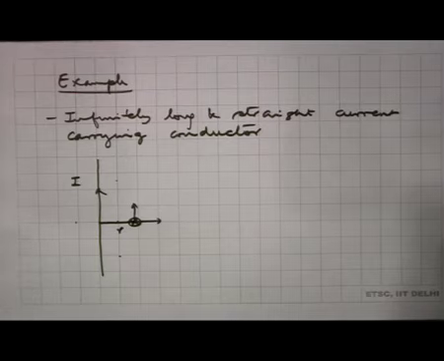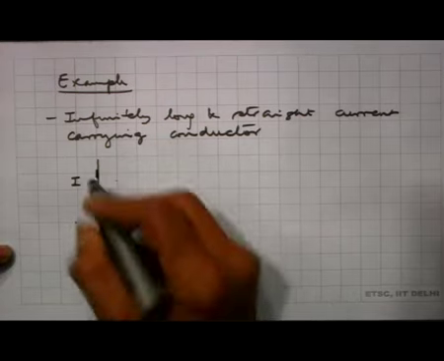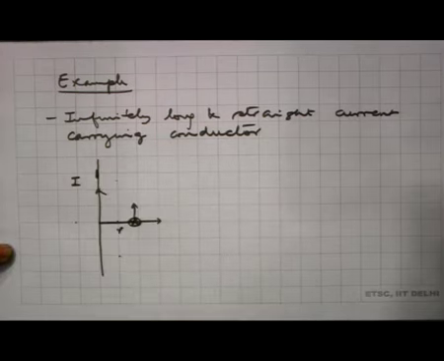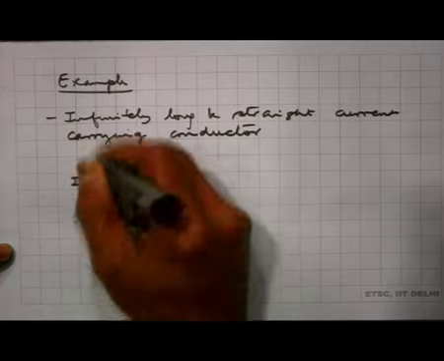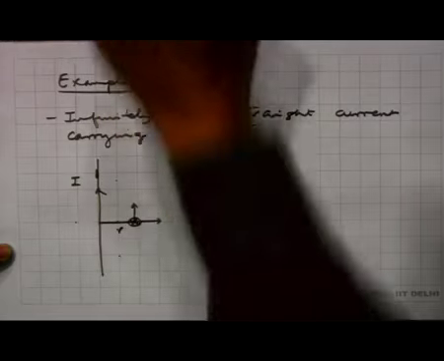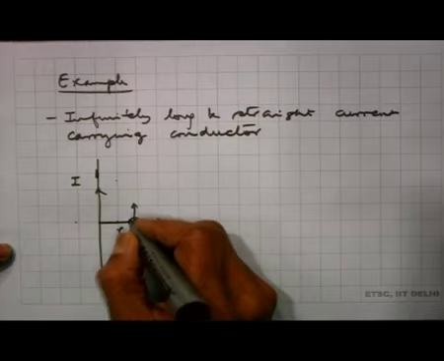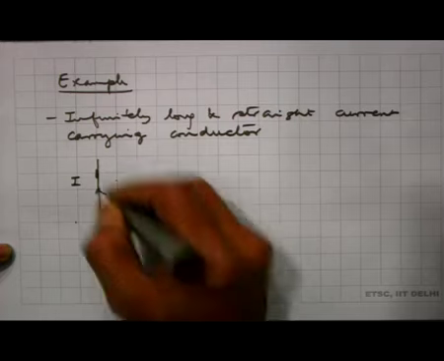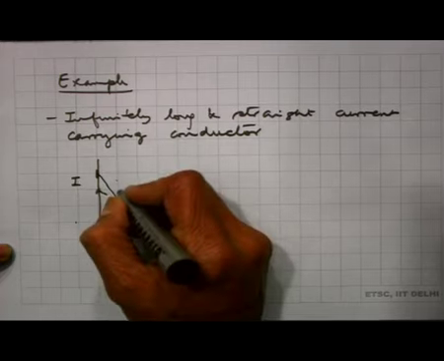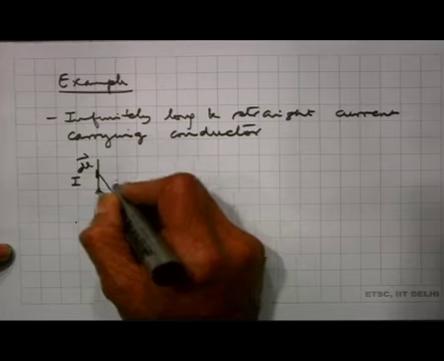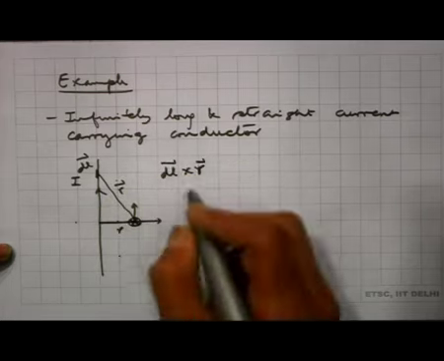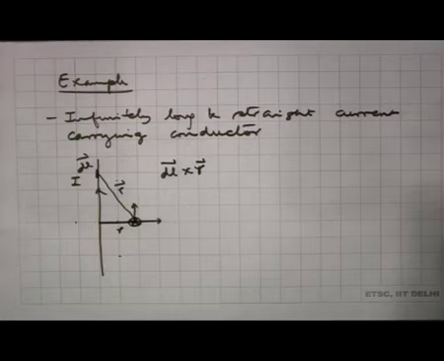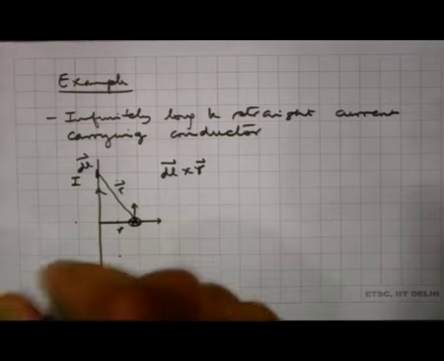Now, I can think in terms of the Biot-Savart law. Every current element along the wire will produce a magnetic field along this direction. No element in this current carrying conductor will ever produce any magnetic field along this direction or this direction, because the magnetic field direction is given by dl cross r, where this is the dl vector and this is the r vector, and that is always perpendicular to the dl and r vectors.